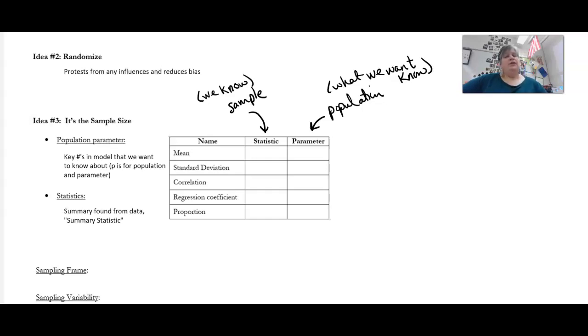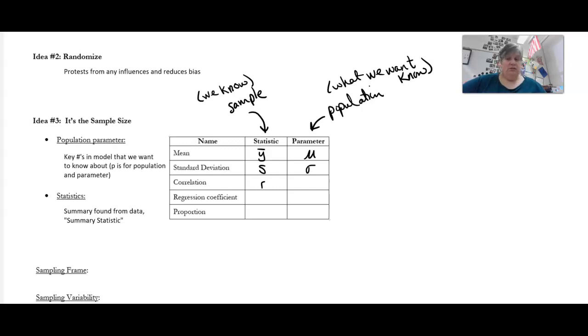Okay, so we know this, and we've used some of these. A statistic mean is y bar. The parameter for the mean is called mu. Standard deviation is s, but the parameter standard deviation is called sigma.